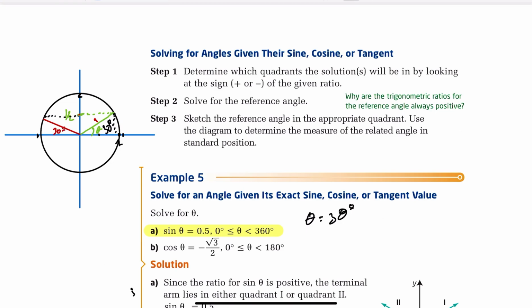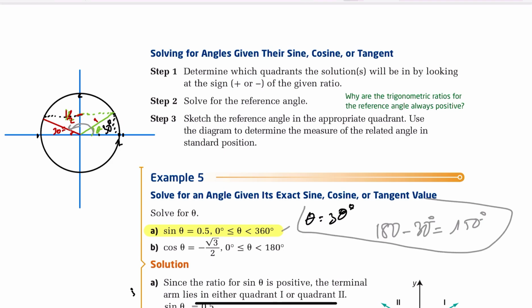The sine is always a half, same as this one. So they both have sine of half. Now I need to find how much is this angle from here to here. So this angle is 180 minus 30 degree, which is 150 degree. So my full answer is these two angles.